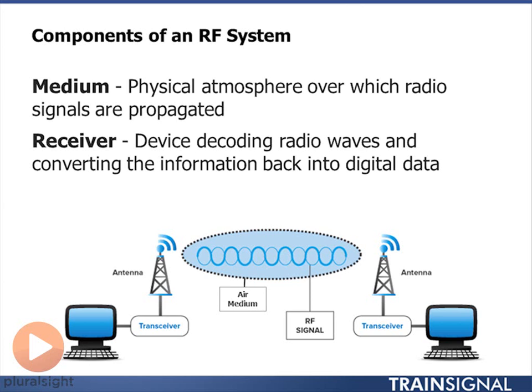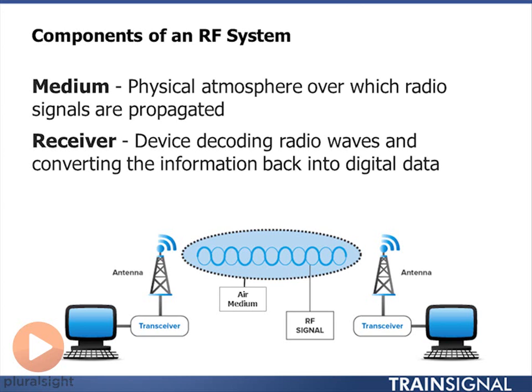Then of course the opposite of the transmitter is the receiver. This is the device that is going to receive those signals from the antenna and then convert them from those radio waves to electrical currents, which now have to get back to your ones and zeros.